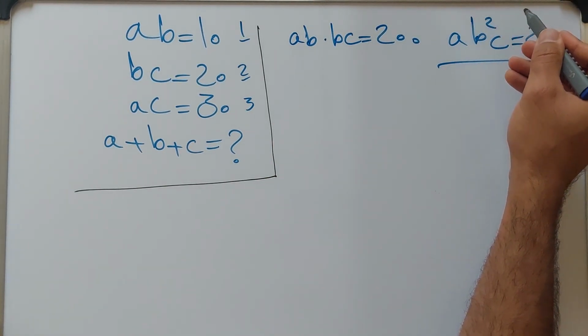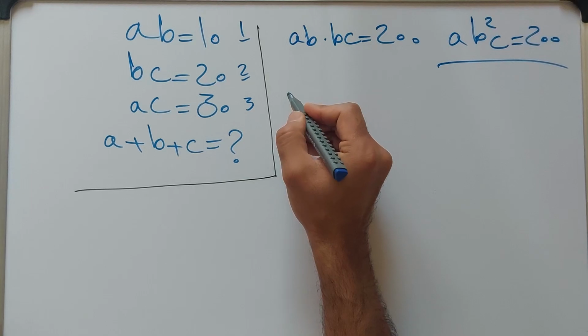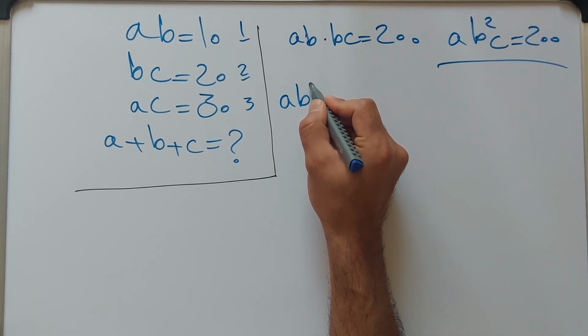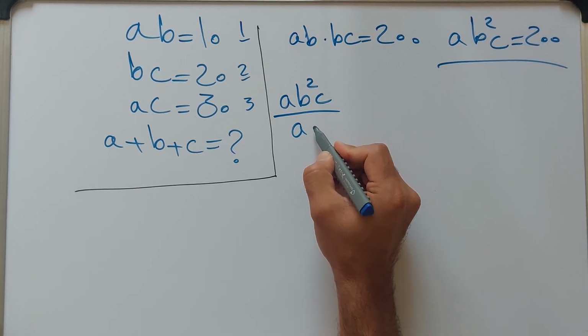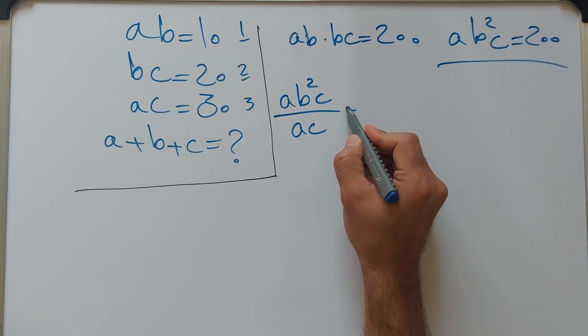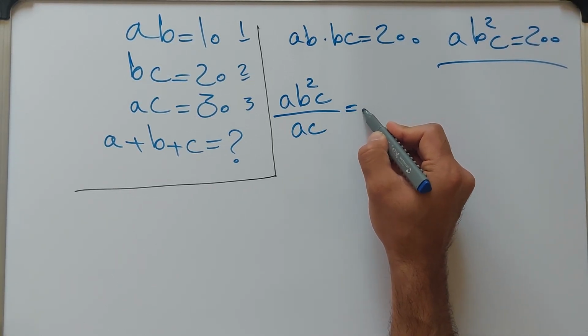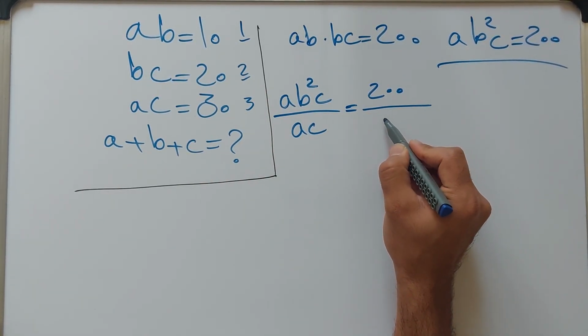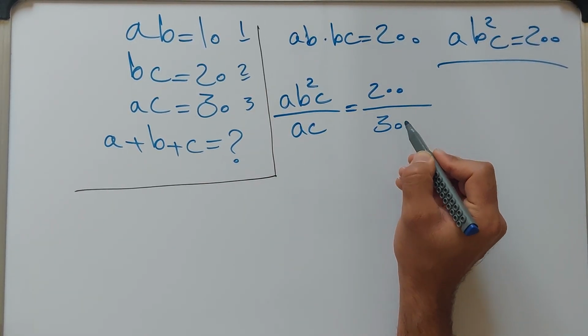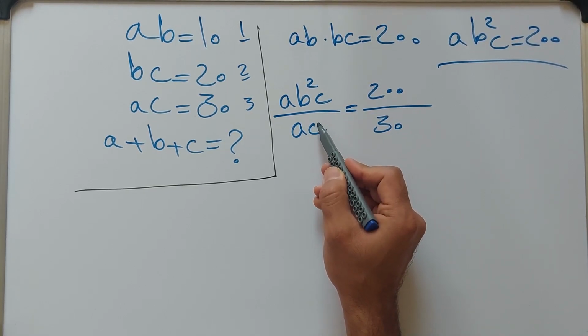Now let's divide this by the third equation. So AB squared C over AC. Let's just substitute. So 200 over AC, and we have the value of AC, which is just 30. And so we can cancel and simplify this fraction.